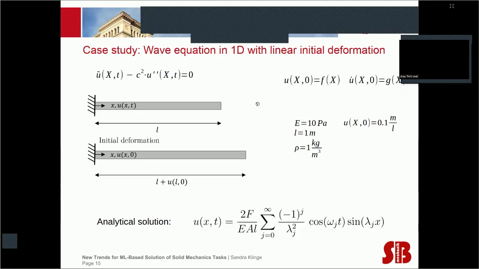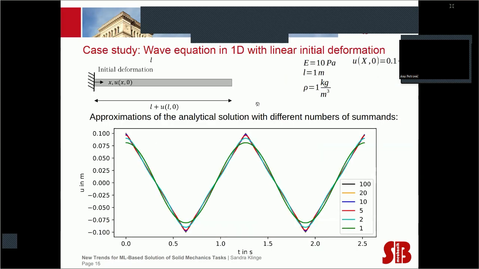And now I can tell why this example is very challenging, because the displacements in this case are discontinuous. And you can see here, for example, the analytical solution. It needs a very high number of terms in order to appropriately approximate this peak.